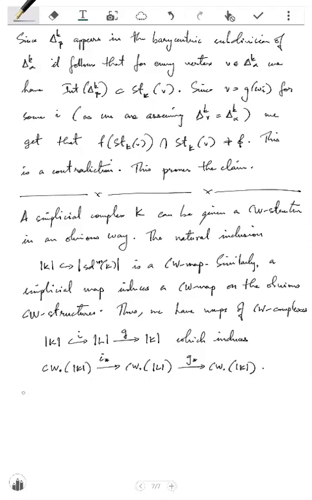So let us try to understand what these maps are.